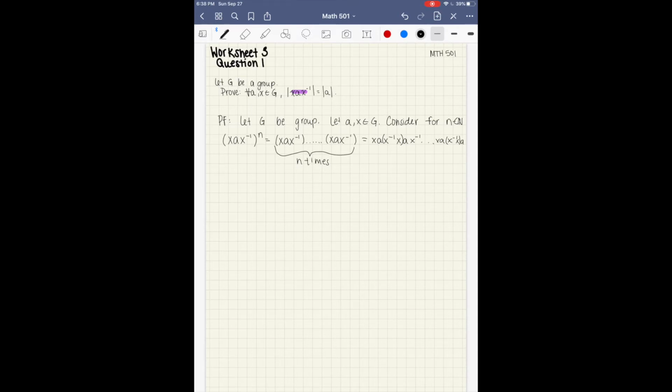There's supposed to be an inverse of x there. So if we did that all the way, of course these would end up canceling to the identity. After you do all of that, that results in x, a to the n, because we would have a n times, and then we have x inverse.